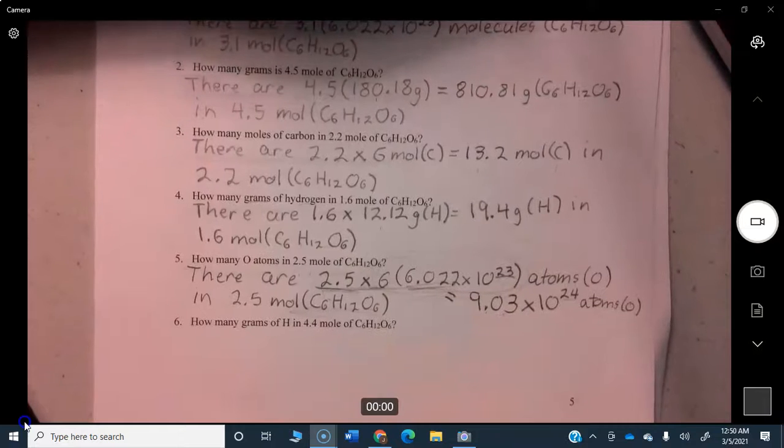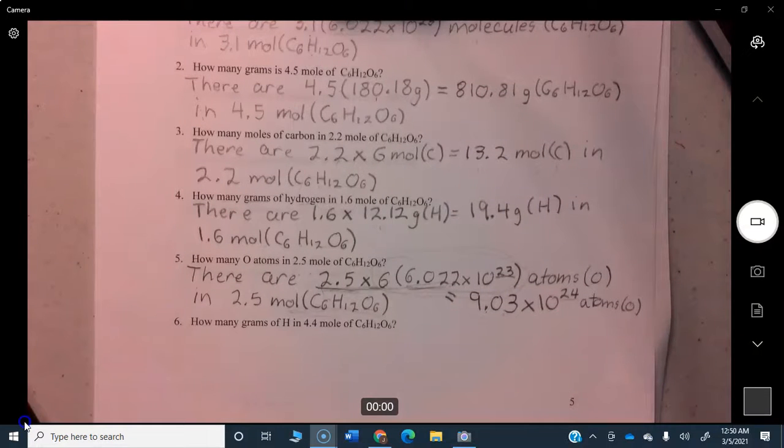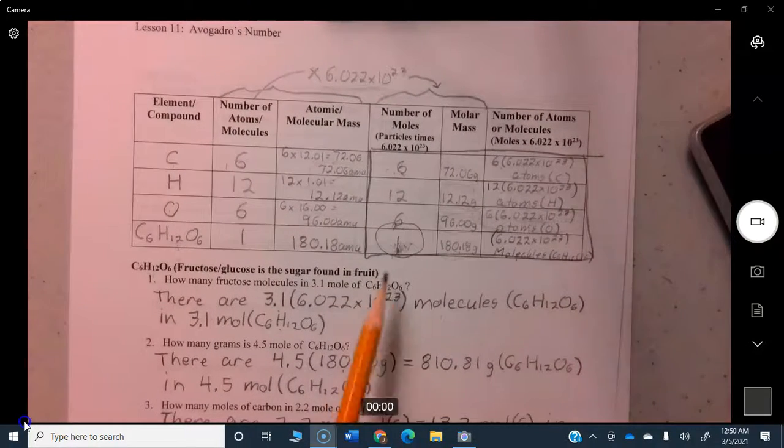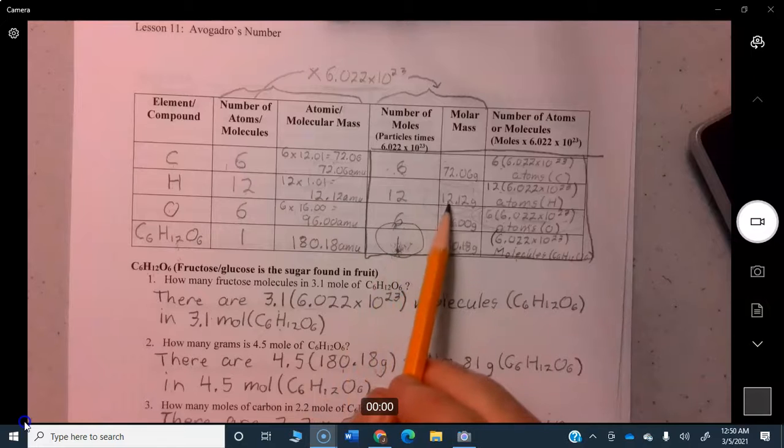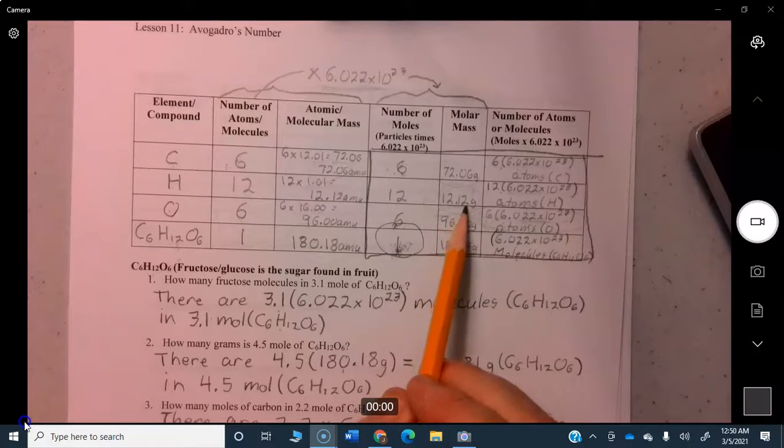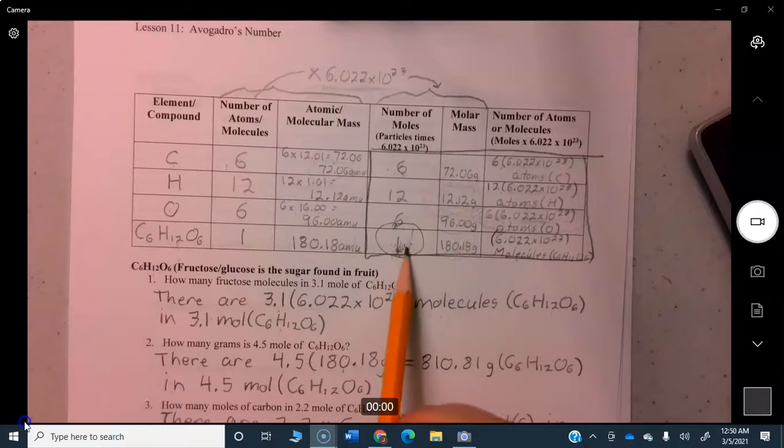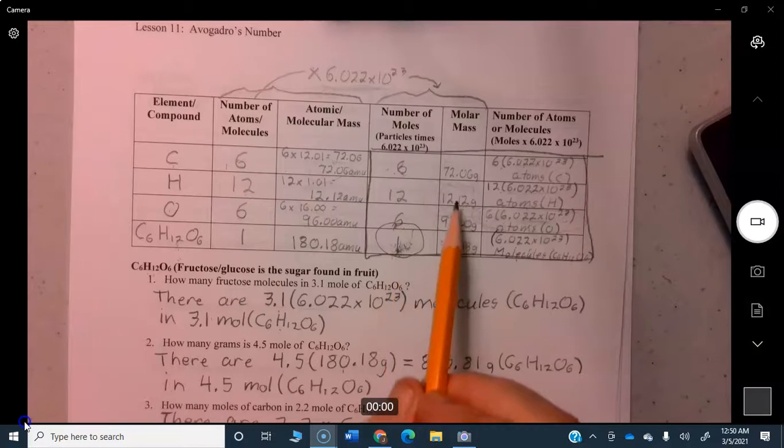Okay, finally, how many grams of hydrogen in 4.4 moles of C6H12O6? So we come back here. So in 1 mole of C6H12O6, there are 12.12 grams of hydrogen. So if I'm interested in 4.4 moles of this, that's 4.4 times this. I have to multiply this by 4.4.